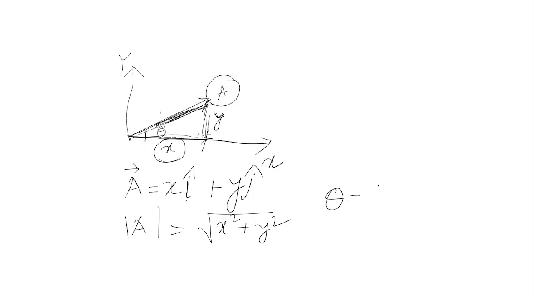It's called tan inverse y by x. So we can have the direction with respect to the x axis, and also the value. This is a simple thing of a two-dimensional vector.